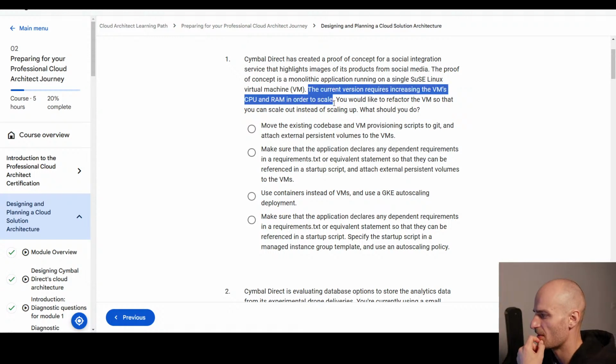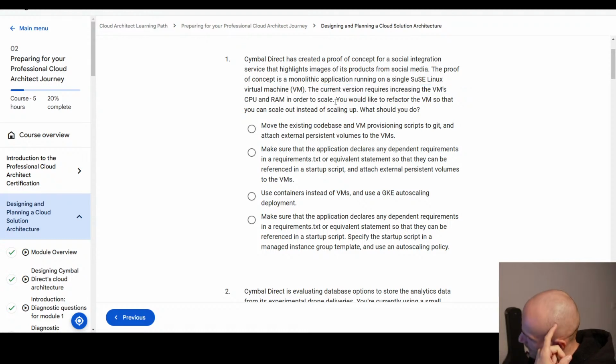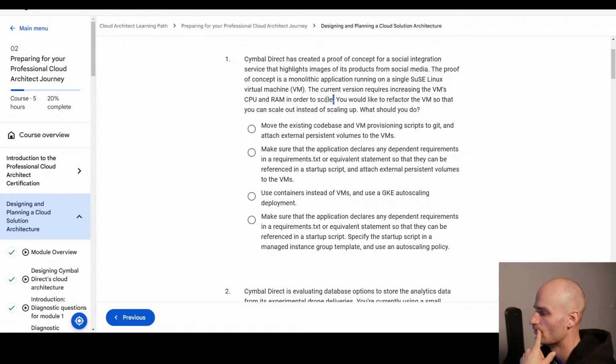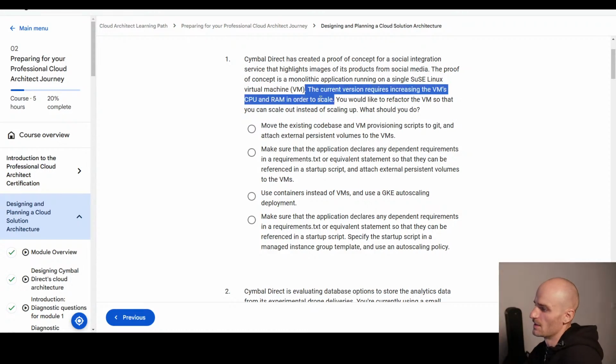But I'm not sure, because here we are talking about the application needing more CPU and RAM. It's not a matter of volumes, it's not receiving too many requests. It's the application itself needing more resources.